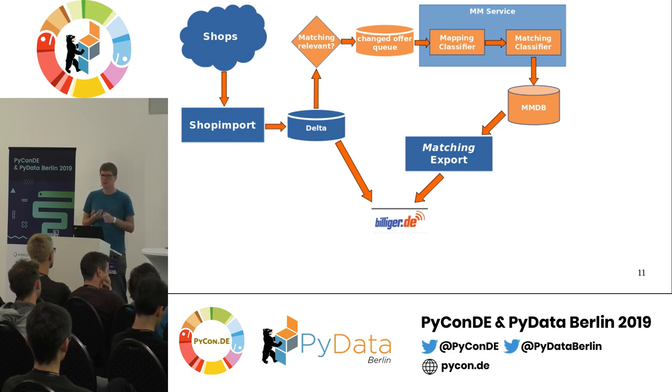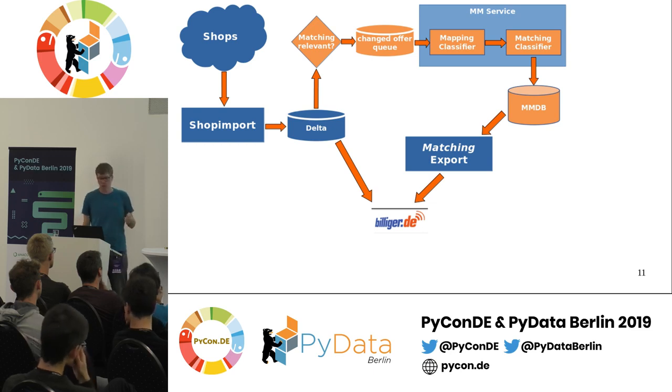So if the delivery time changed, you don't need to change the category or the product of an offer. So only the relevant changes should be put through our systems, and then we need to have the mapping and the matching. So find out the category and the product.